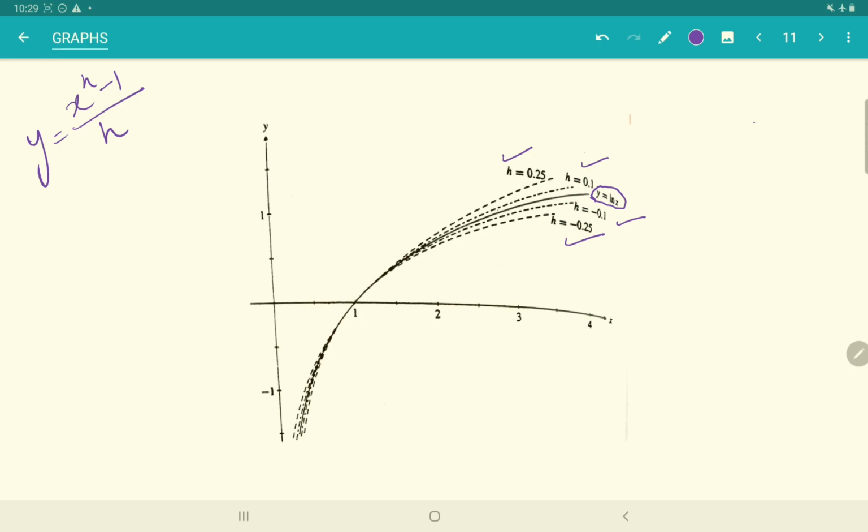So I can see that gh of x tends to ln x as h tends to 0.